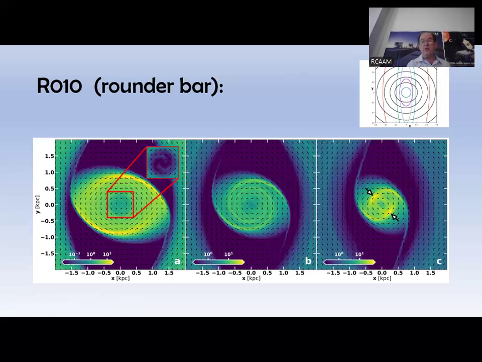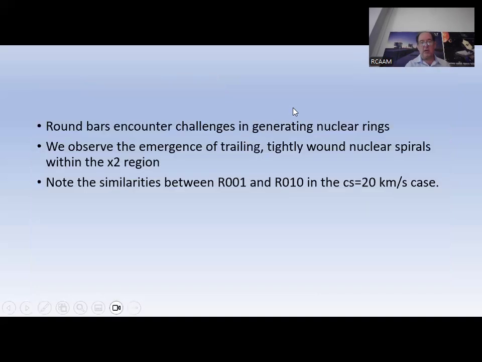Now over here we can see the orbital structures in these cases. As we expected, due to the imposed potential, we had much rounder constructions and rounder orbits, and whatever you can build with these orbits tends to be related with these tightly wound spirals. We have seen that in the past, and I will discuss it again here.